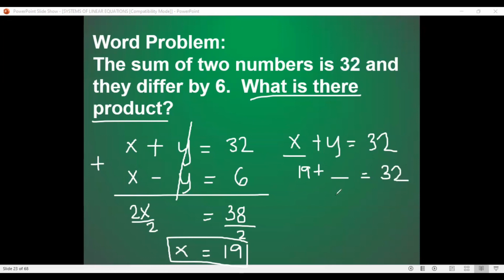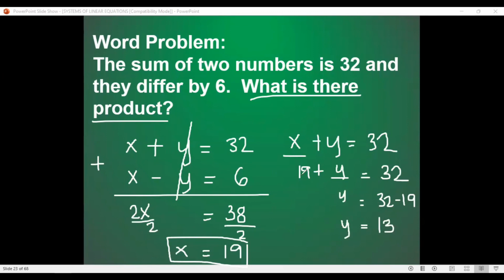Or the missing number y is 32 minus 19. That's the way to solve that one. Subtracting 32 minus 19, the answer is 13. Again, that's y. So y is equal to 13.